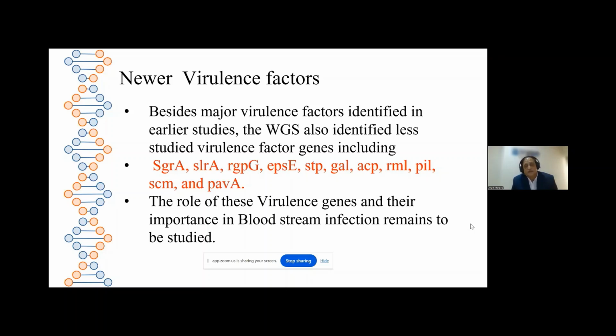Along with the major virulence factors, we also got newer virulence factors like SGRA, SLRA, and RGPG, and we still have to evaluate the role of these virulence genes in the virulence of Enterococcus in bloodstream infections.